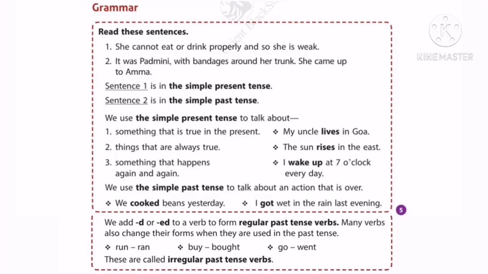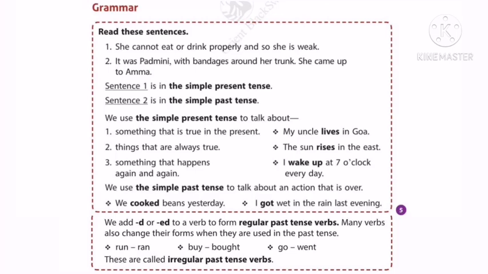We can understand that by the verb drink. It is in present tense. The second sentence is in the simple past tense. We can see the verbs was and came up. So we can understand the second sentence is in simple past tense.